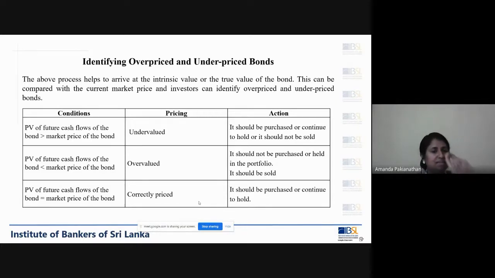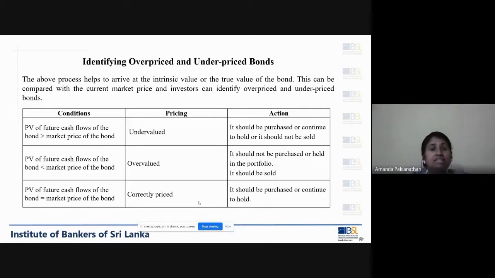So is it a recommendation to buy? No, it's not a good bond for purchasing. The recommendation is that you shouldn't buy this bond or invest your money in it. Let's say you already have this bond in your portfolio. Then what should you do? Should you hold on to this bond longer? No. You have to quickly sell.